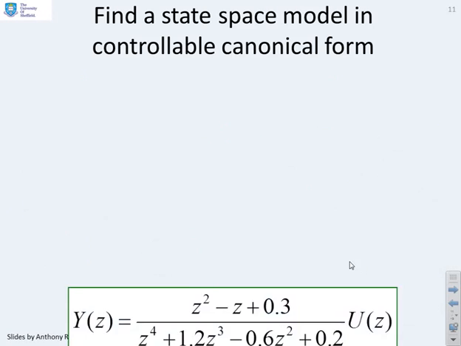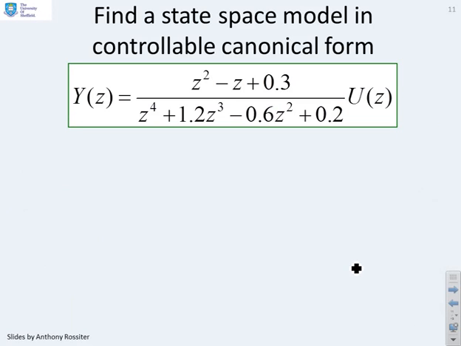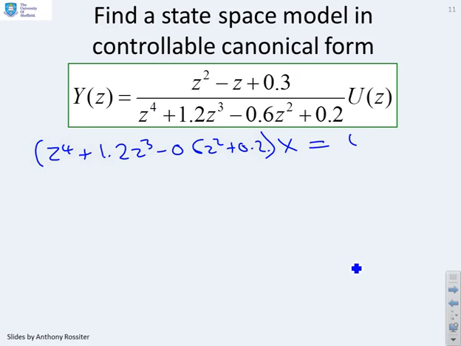Okay, next one. Find a state space model in control canonical form. So you'll notice the difference here is we've now got a discrete model rather than a continuous model, but otherwise the same sort of concepts as before arrive. First thing we're going to do is ignore the numerator terms and treat it like a 1. So what I've got is z to the 4 plus 1.2 z cubed minus 0.6 z squared plus 0.2 into x equals u.